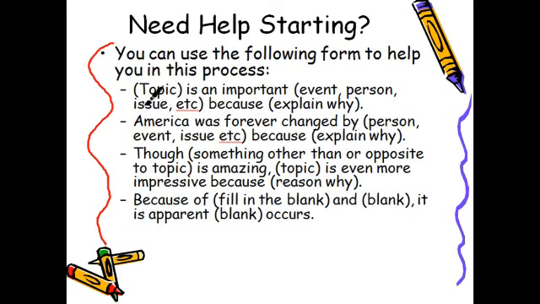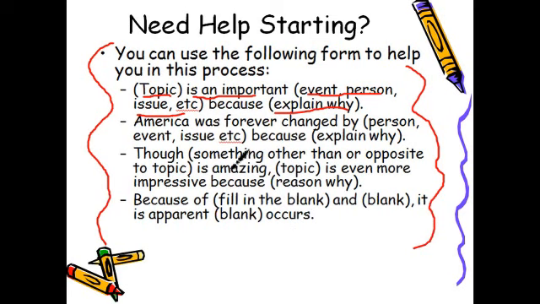You can always use the form where you include your topic, include a statement, it is important, list the event or person or issue, state the word why, state the word because, and then explain why. Again, feel free to use these topic forms and these thesis statement forms, but they're not required.